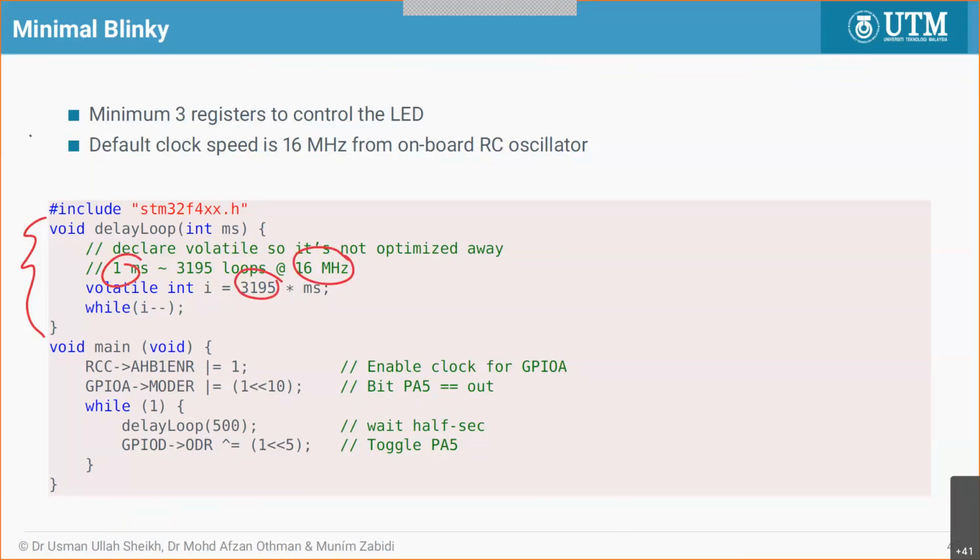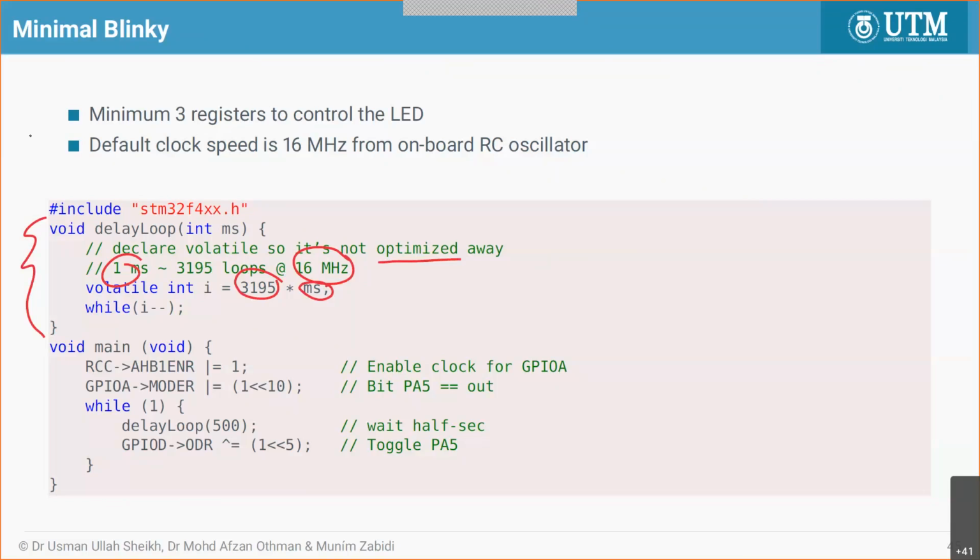So here you create this subroutine where you multiply 3,195 times the required milliseconds, and load that into a register, which is categorized as volatile. When you do volatile, the compiler cannot optimize it away, cannot remove it. So it needs to loop and wait until the counter becomes 0 before it gets out from this function. So that one is taken care of.